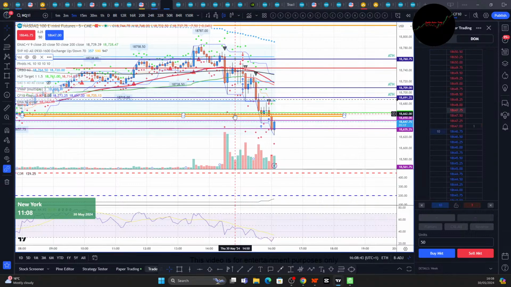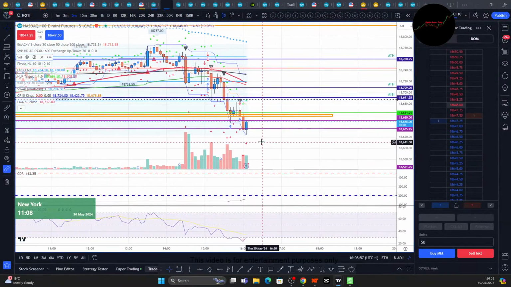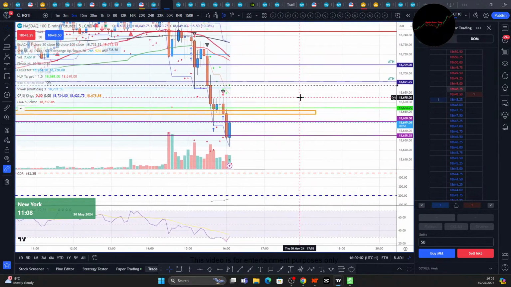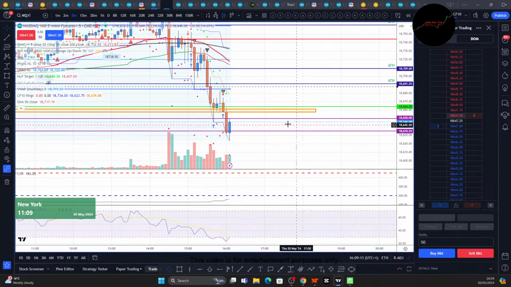Oftentimes it is tempting to think about catching the market being oversold, and thinking of getting about 10 points here or there. But it can prove costly. So it's 11:09.